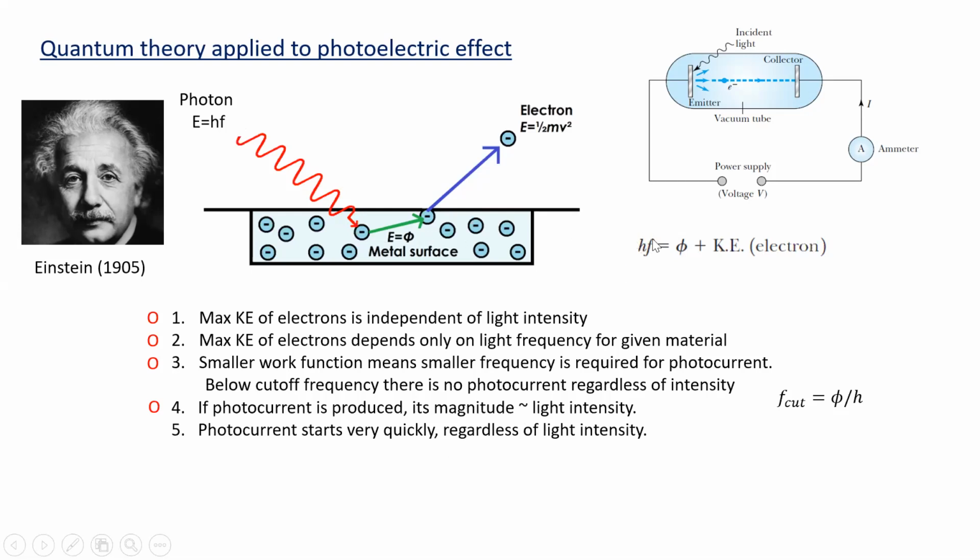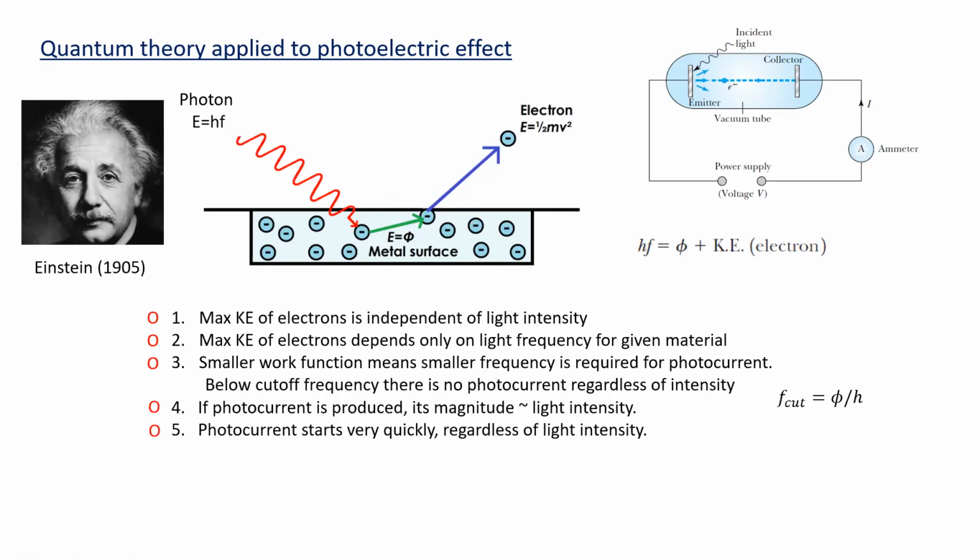It doesn't need any time for the energy to ramp up. So even if the light intensity is very small, even if there are very few of these photons coming in, they each have the required energy to liberate an electron. So the photocurrent might be very weak, but it would start up right away because each individual photon, even though they're rare, would be enough to liberate those electrons. So that's a check as well.